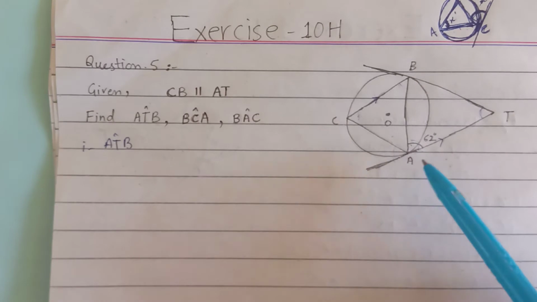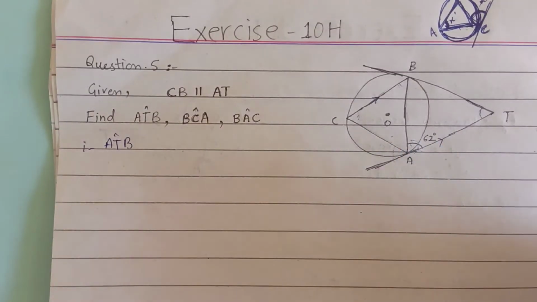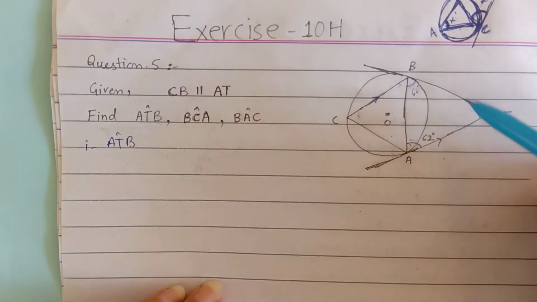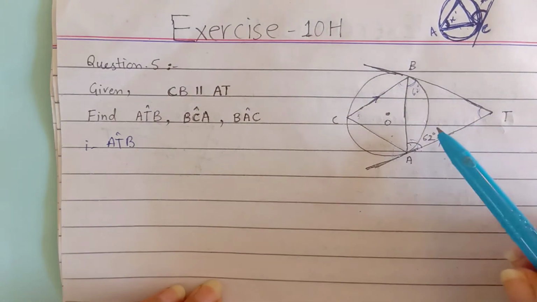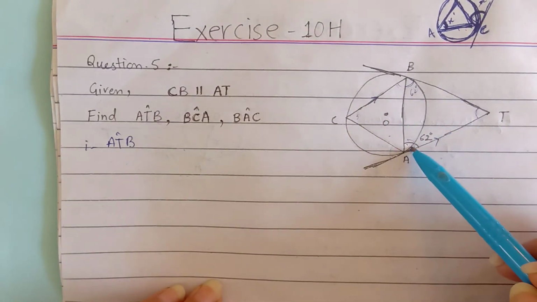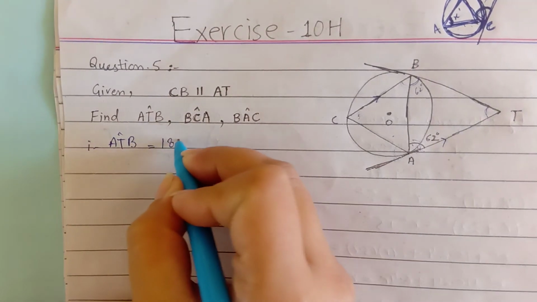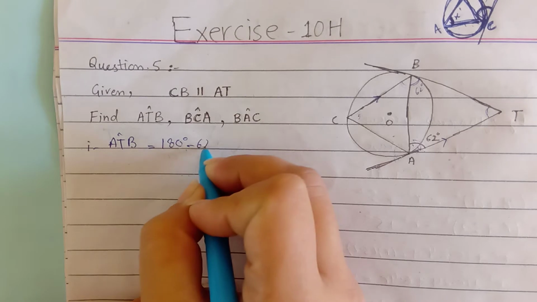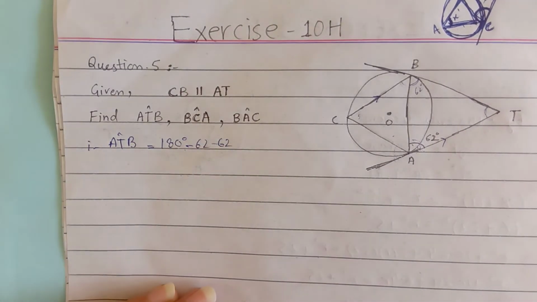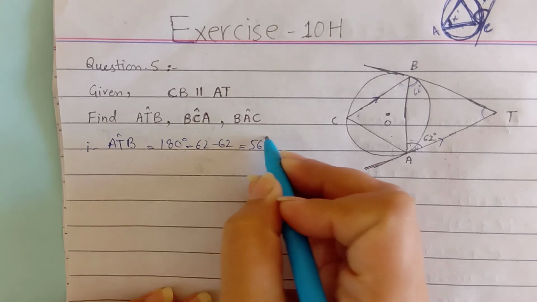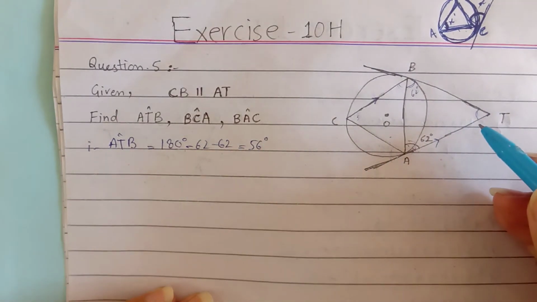If this angle is 62 degrees, then we know that this angle is also 62 degrees, and we can find the third angle by subtracting these two angles from 180. So ATB will be equal to 180 degrees minus 62 minus 62, which comes out to be 56. So we got the value of this angle at point T equal to 56 degrees.